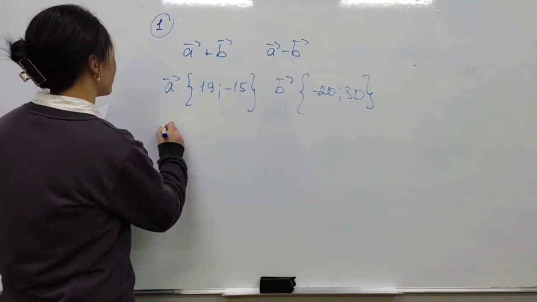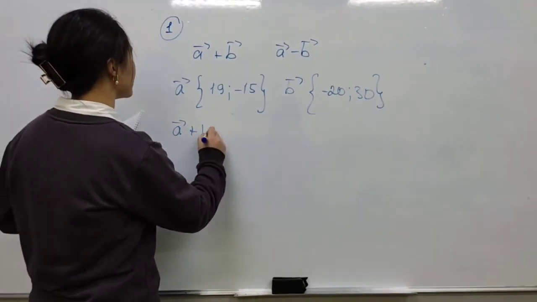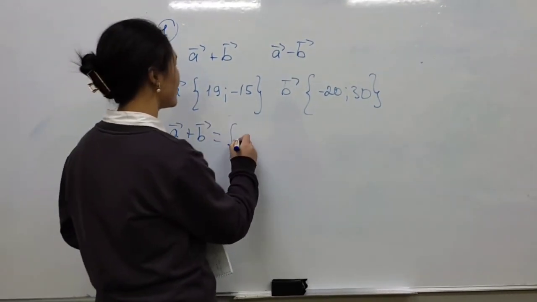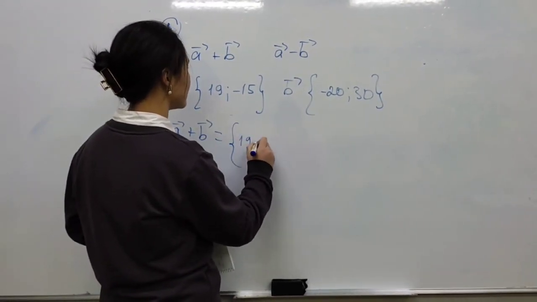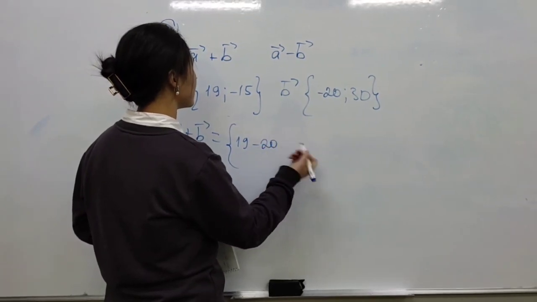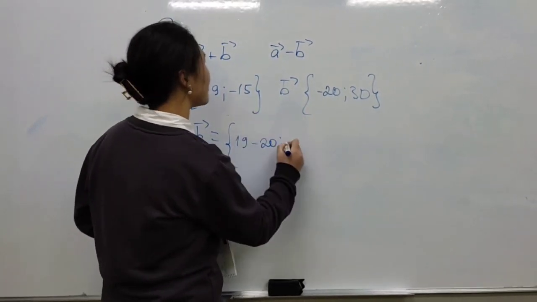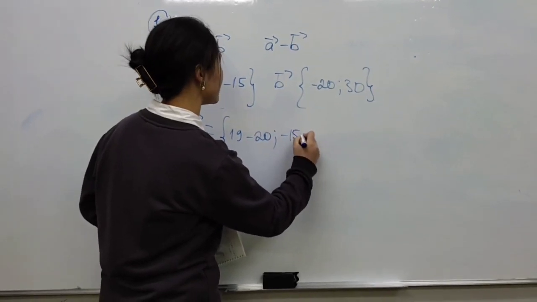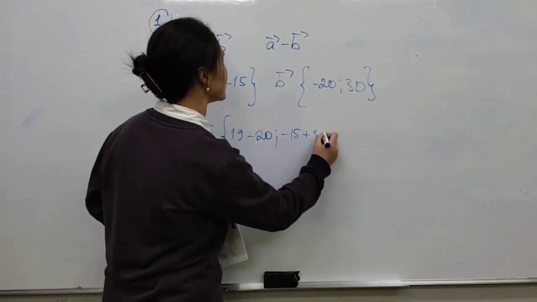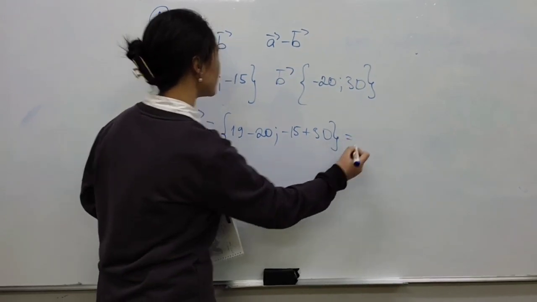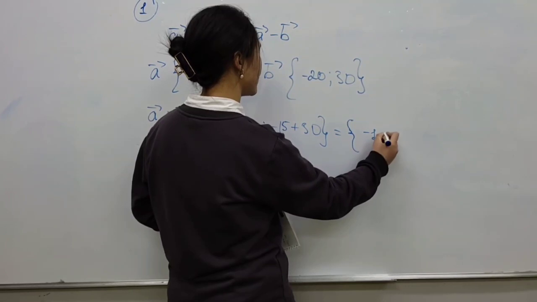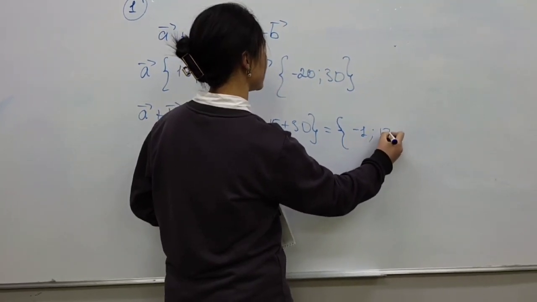Okay, vector A plus vector B is equal to the set of 19 minus 20 and minus 15 plus 30, which is equal to (minus 1, 50).